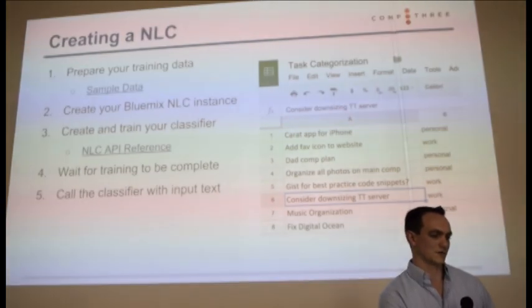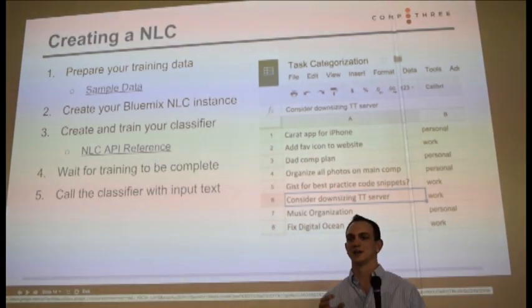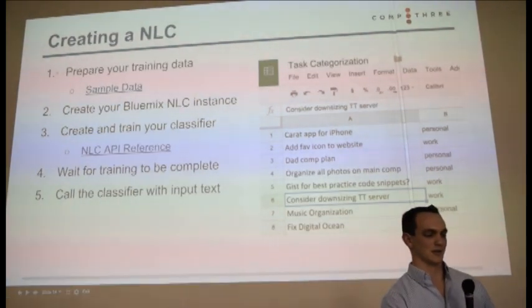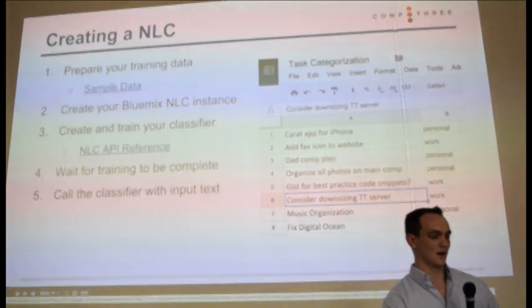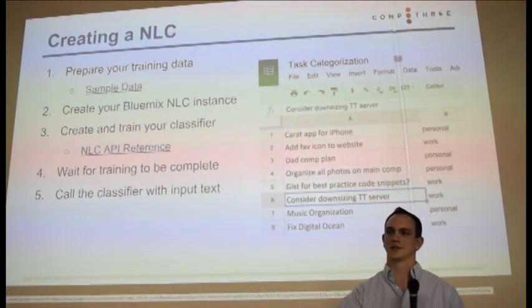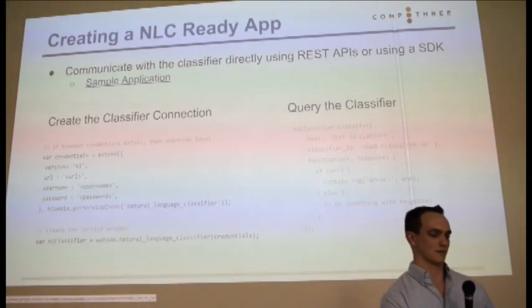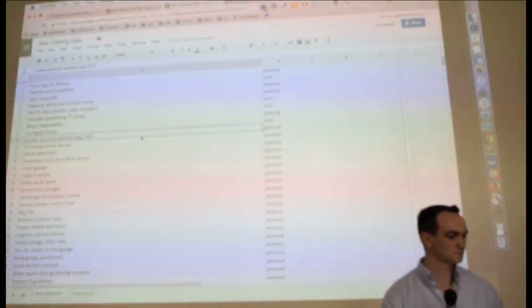So for creating, basically the first thing you need to do is create the NLC service. So doing this, you get your data. I have some sample data here, so if any of you want to try this out after the meetup, feel free to. I put all my code on GitHub, and I also put the data here. So if we click on this link, that's not right. Here we go.